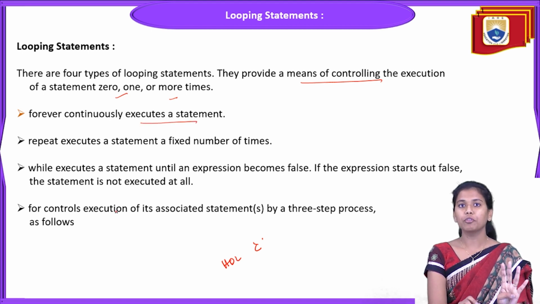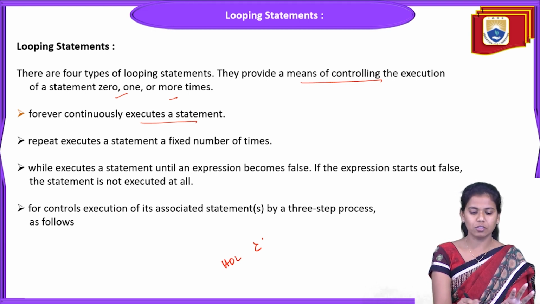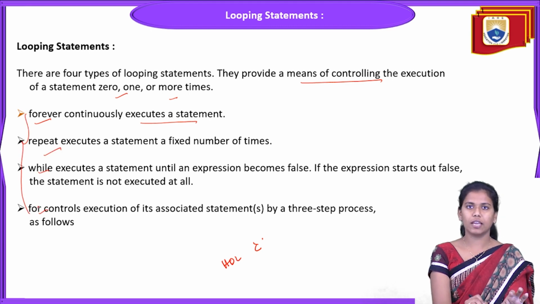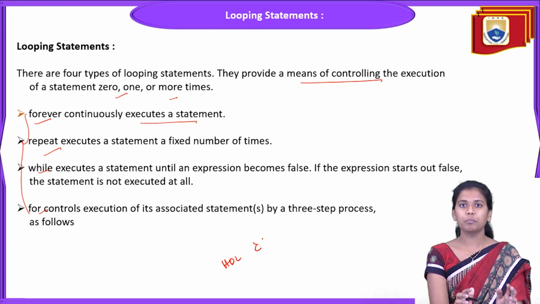So we see 4 types of looping statements. The first one is forever, then repeat, while and for. When you come across the forever looping statement, it continuously executes a statement. The execution of the program takes place continuously without any break.